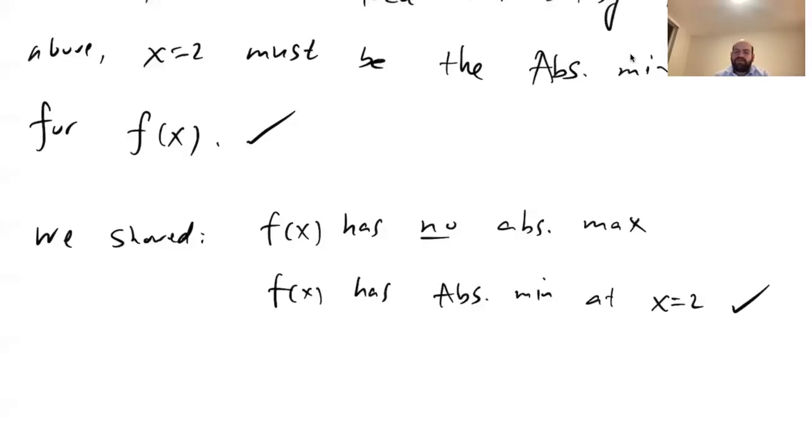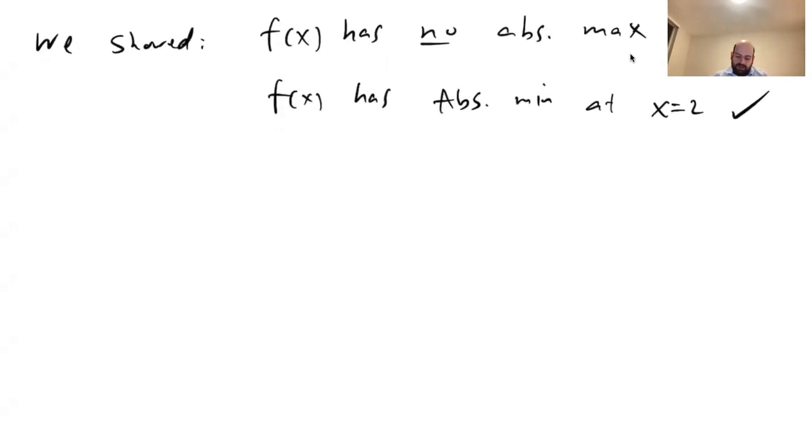All right, now that we learned about absolute max and min and how to find absolute max and min of a function on a domain, now I want to look at some applications. Applications in real life, and in particular, we want to look at optimization problems.